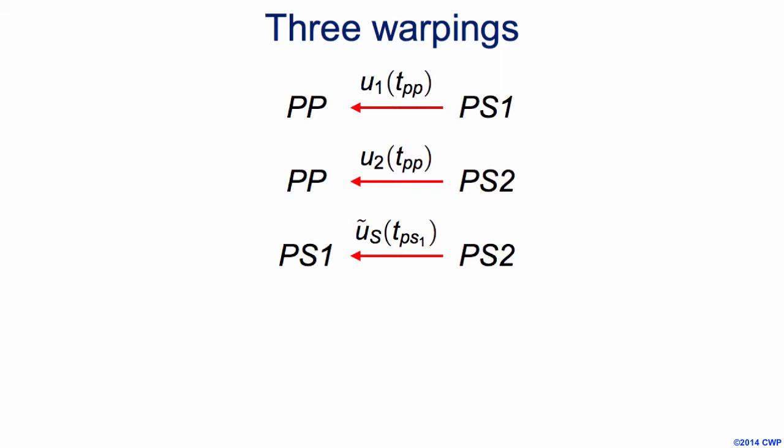But here's the summary, right? So we've got three traces. You can think of it as three images, but let's just keep it simple and think of three seismograms and three shift functions, right? But here's the catch.